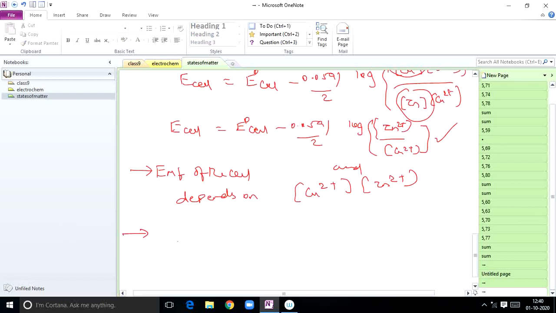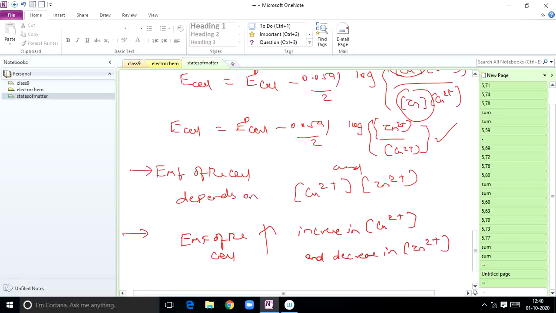EMF of the cell increases with increase in concentration of Cu2 plus, and decrease in, very important point for objective, decrease in concentration of Zn2 plus.